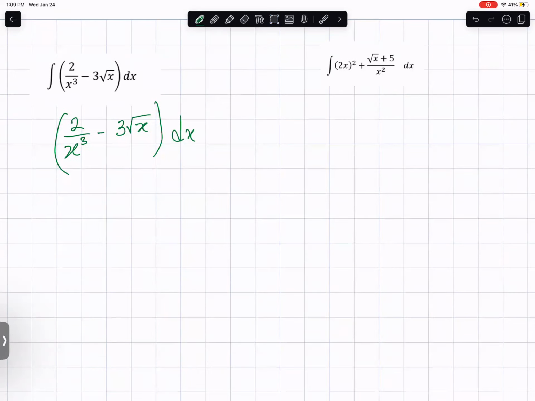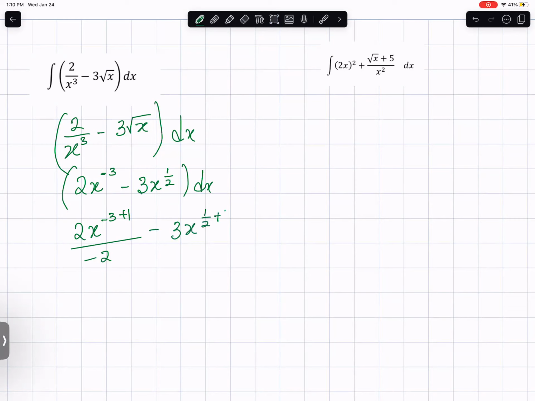So we integrate separately. This can give me 2x raised to the power of minus 3 minus 3 x raised to the power of half dx. So we have 2x to the power of minus 3 plus 1, which is minus 2, divided by minus 2, minus 3 x raised to the power of half plus 1, which is 3 over 2, divided by 3 over 2.